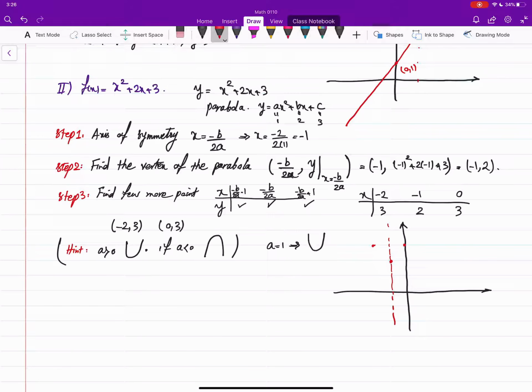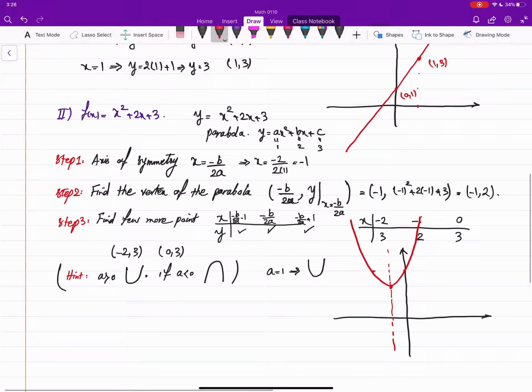It means that it will act like a mirror for our parabola, so the parabola needs to be symmetric with respect to that. And that is the parabola, and hence the graph of the function f of x equal to x squared plus 2x plus 3.